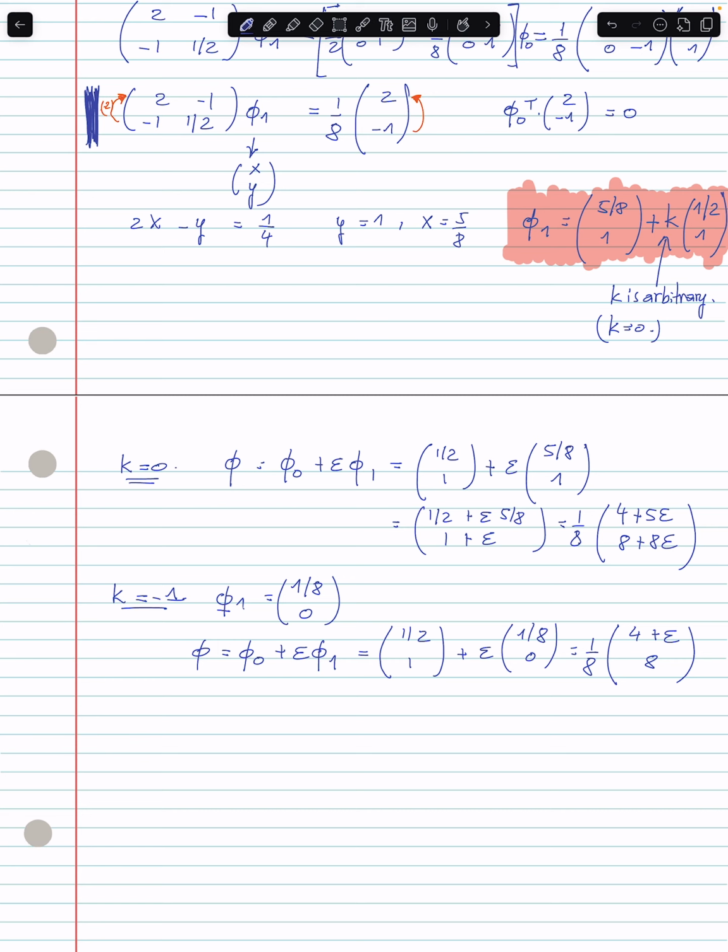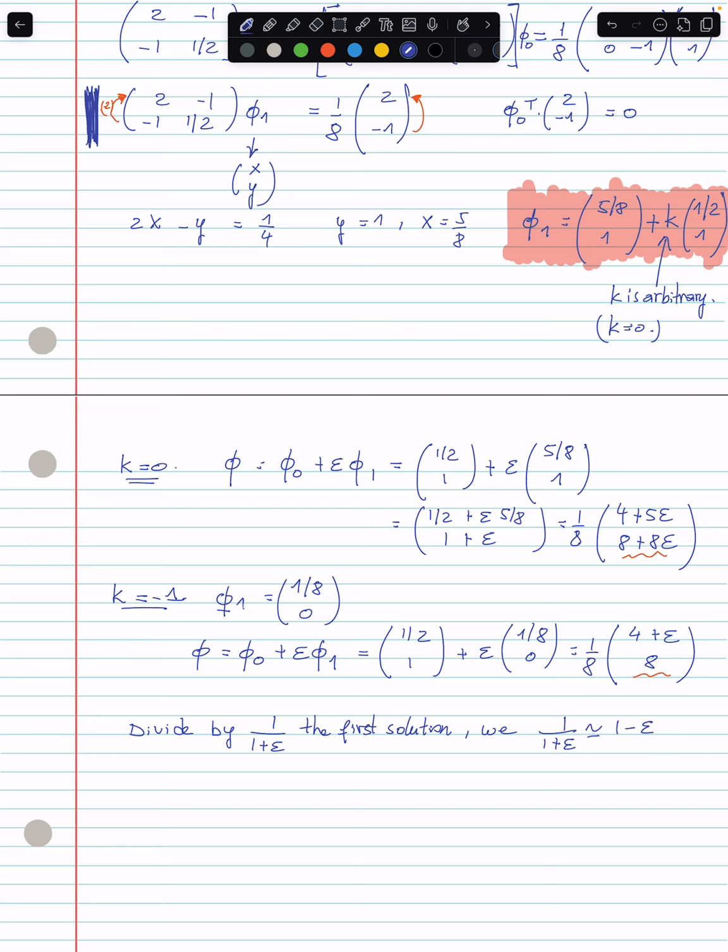So if we, for instance, take the first one and divide it by 1 plus epsilon, the first solution, you remember that 1 over 1 plus epsilon asymptotically is 1 minus epsilon and so on, right? So it is asymptotic to this, plus epsilon square.